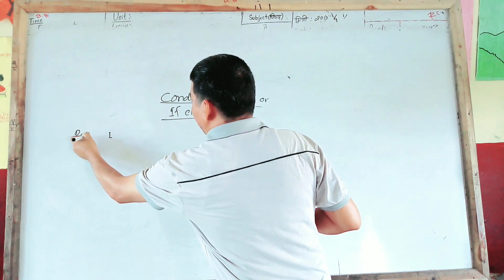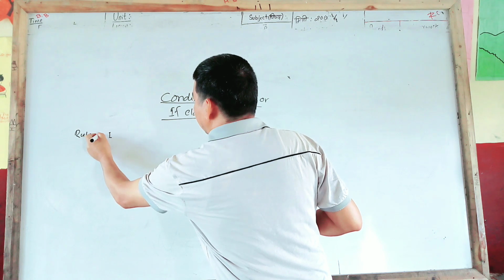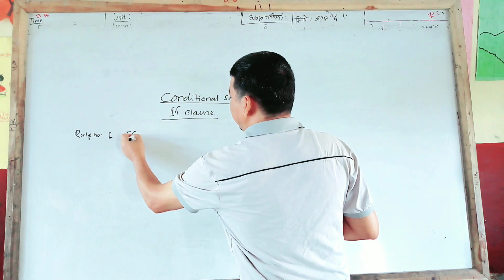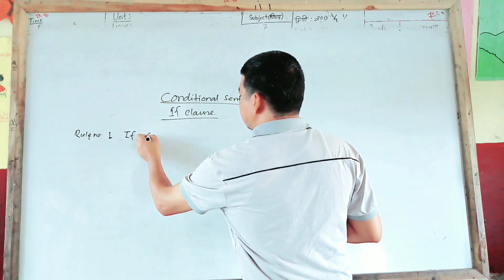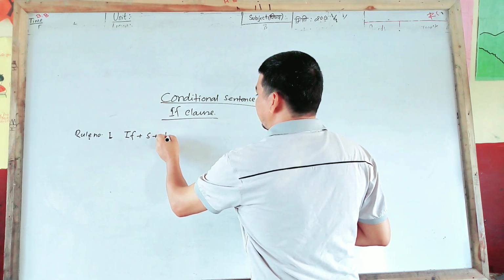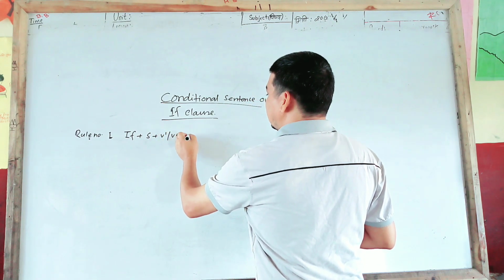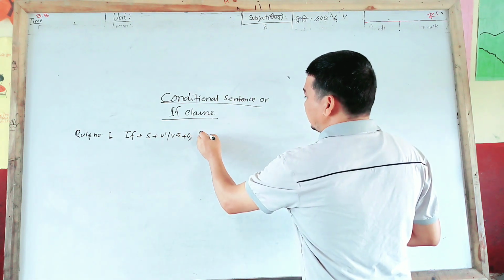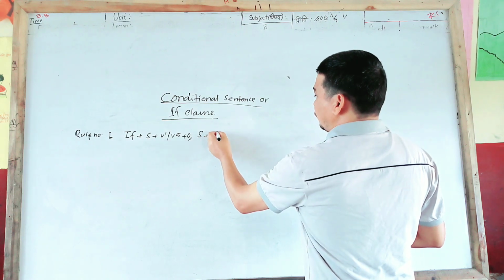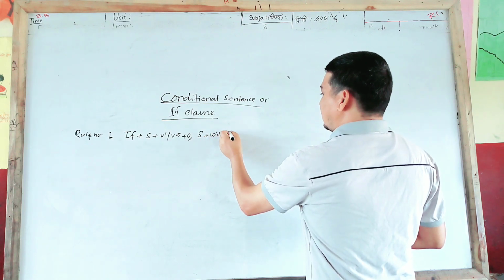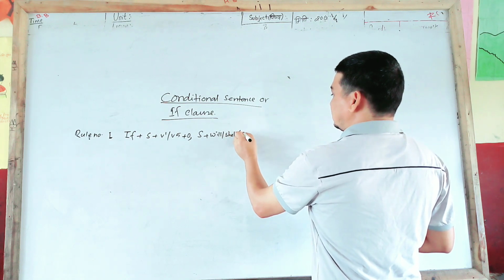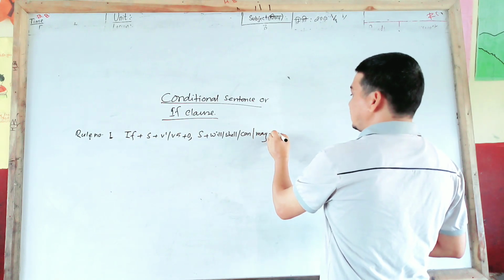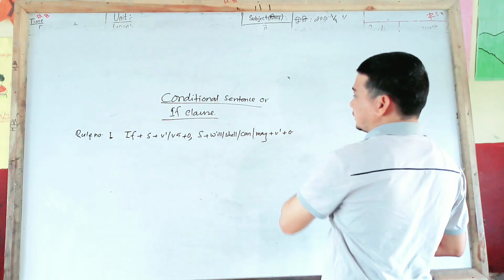So rule number 1: if plus subject plus V1 or V5 plus object, then subject plus will, shall, can, may plus V1 plus object.